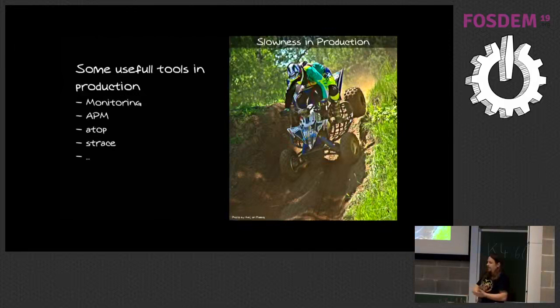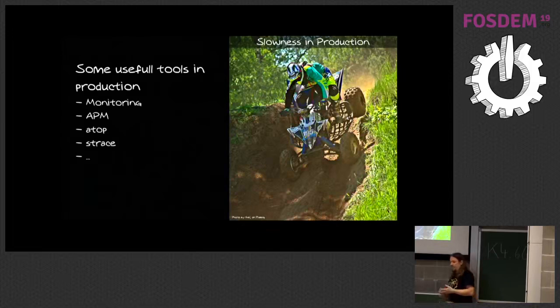So for your production environment, it might be interesting for everyone to have monitoring, have an application performance monitoring on it. What I find personally very interesting is to have ATOP on it. I don't know how many people know ATOP.